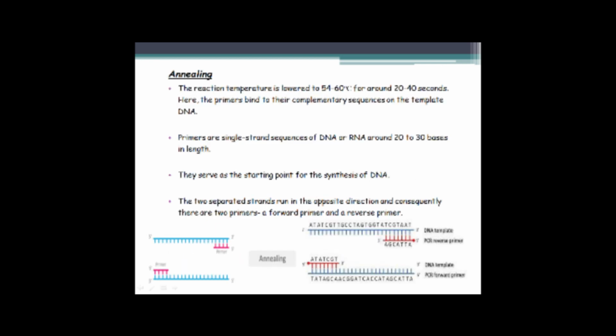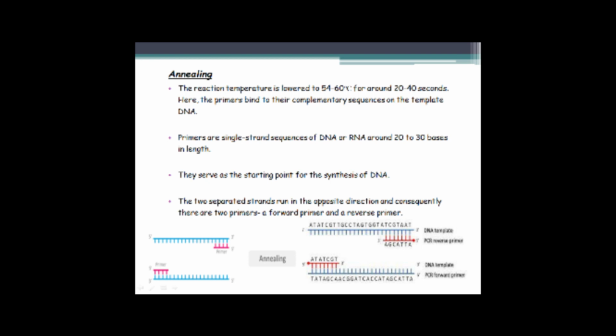Now the second step is annealing. Annealing of primer. Here the reaction temperature is lowered to 54 to 60 degrees Celsius for around 20 to 40 seconds. The primer binds to its complementary sequences on the template DNA.